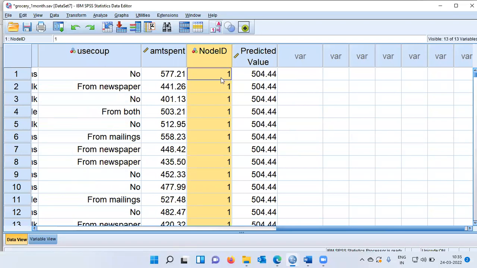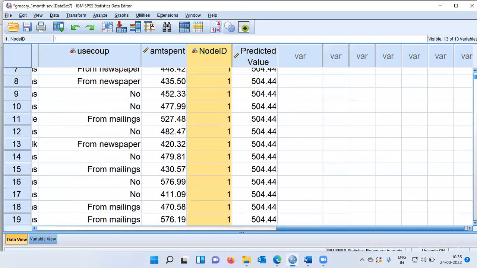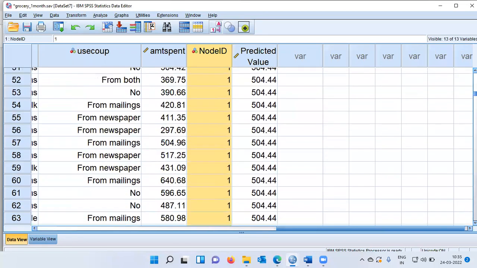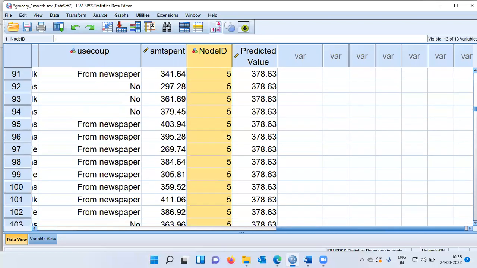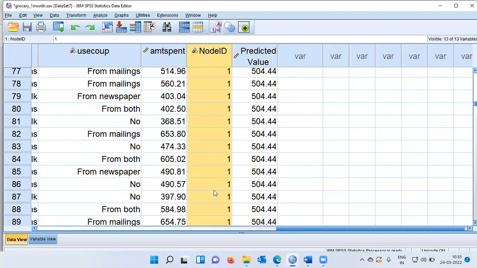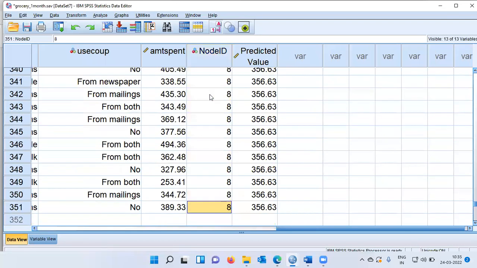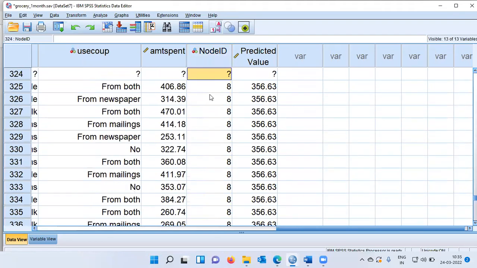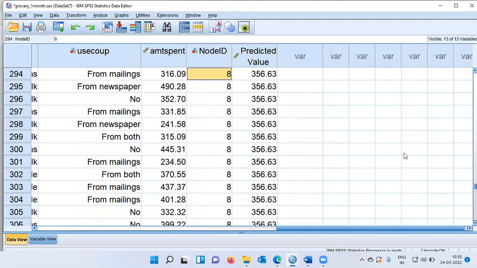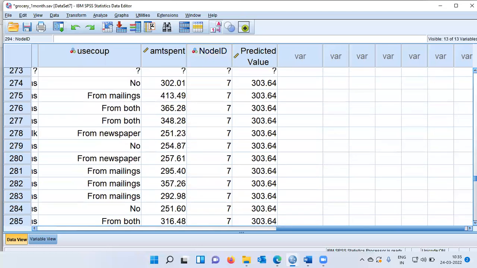You can see here, this is the same variable, but after sorting in ascending order, all the node IDs corresponding to 1 will appear right at the top. So this is the most profitable segment and the predicted value here is 504. If I scroll down, I can also look at node number 6 because node number 6 is also a profitable segment.